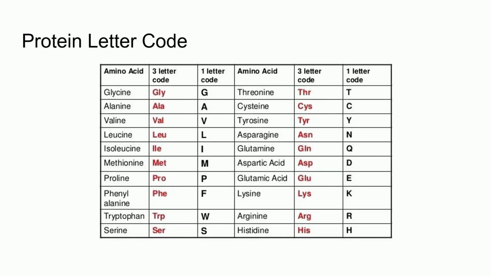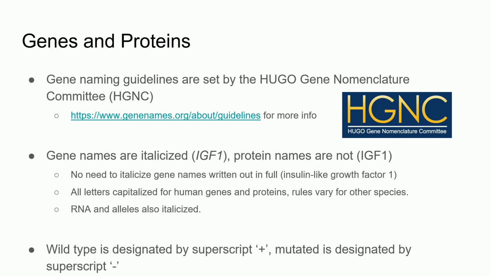This table lists the 3-letter and 1-letter codes for proteins, in case you wish to refer to this at a later date. There is a standardized nomenclature guideline for genes, known as the HUGO Gene Nomenclature Committee, or HGNC.